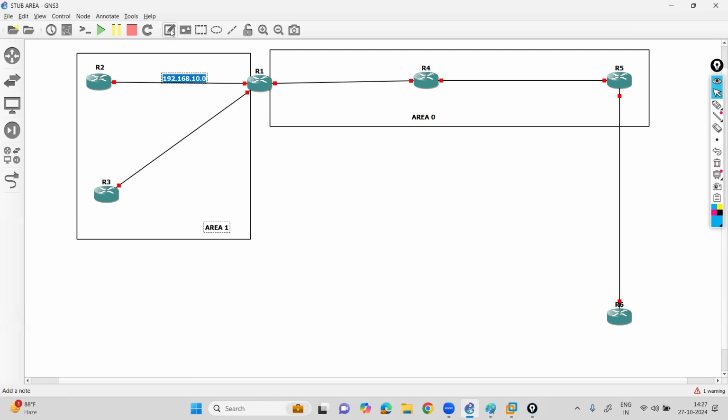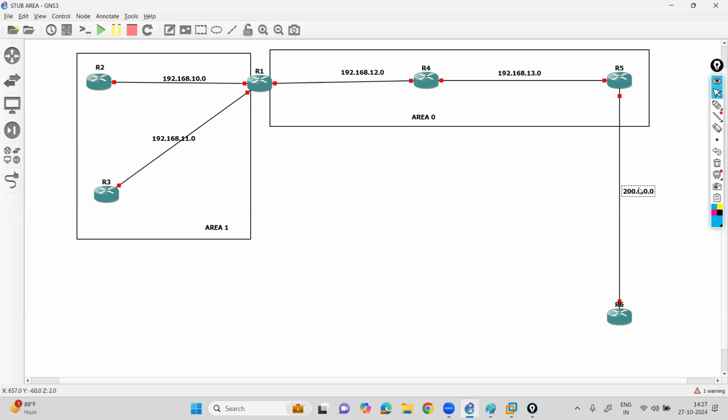192.168.10.0. 192.168.11.0. 192.168.12.0. And this one is 192.168.13.0. And let us assume the network in between these two is 200.0.0.0.